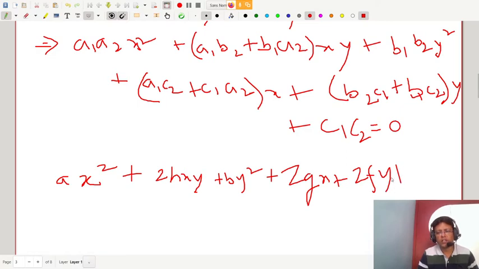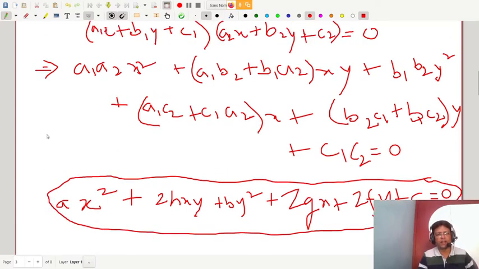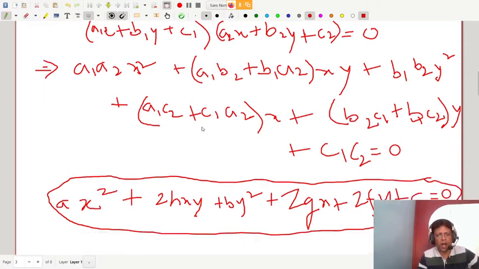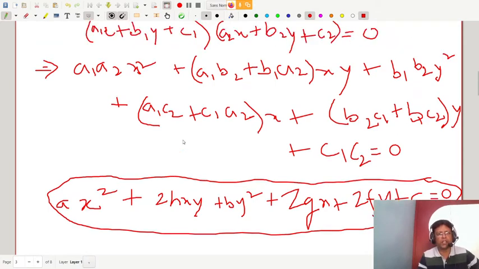So if you look at the previous expansion of the two lines, you have an x squared term, a y squared term, an xy term, an x term, a y term and the constant term. So it is similar to the general equation of second degree. That means if you multiply two lines, you will get a general equation of second degree. So this general equation of second degree represents a pair of straight lines.